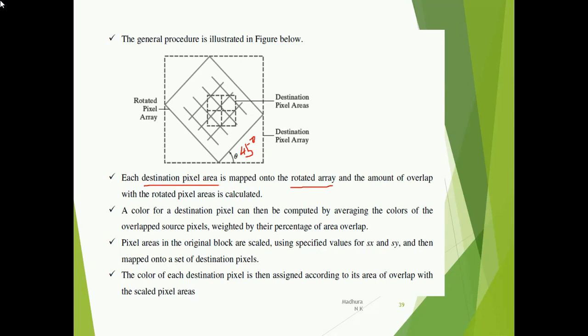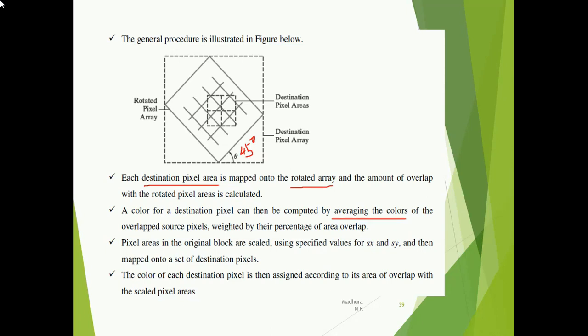You get an overlapping section with the rotated pixel also. Later you are going to calculate the rotated pixel area based upon the overlapping positions. Now a color for a destination pixel can also be computed by averaging the colors of the overlapped source pixels. Some of the pixels will be overlapped in that particular position when you rotate the original object.